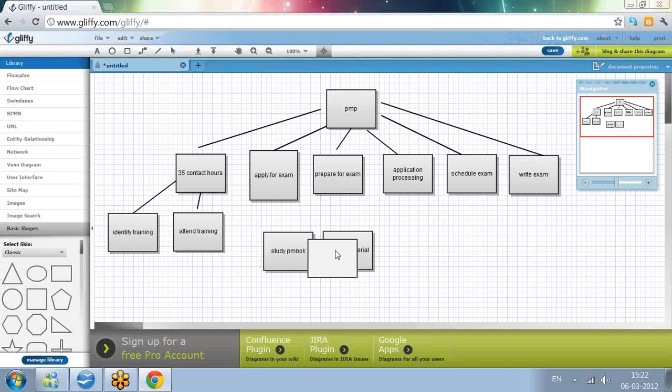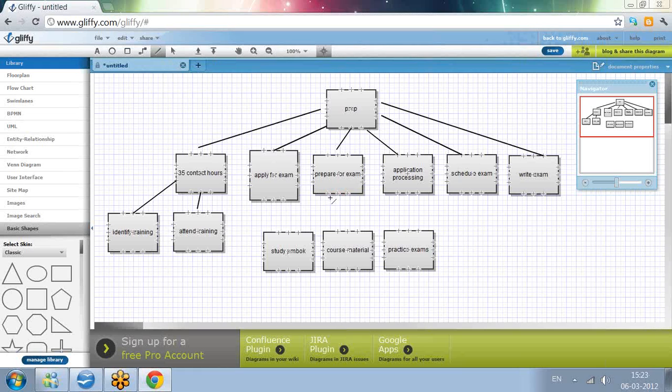And practice exam is a must, so we have to do the practice exams. Without practice exams, you should not go for the PMP. So here the hierarchy will be like this.